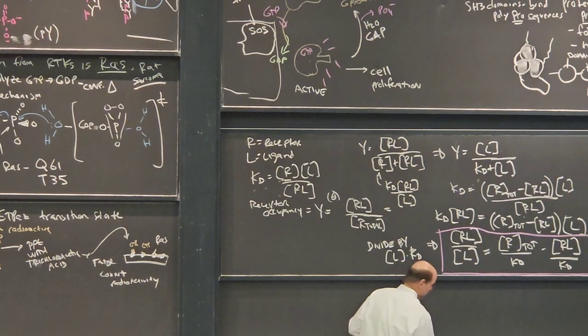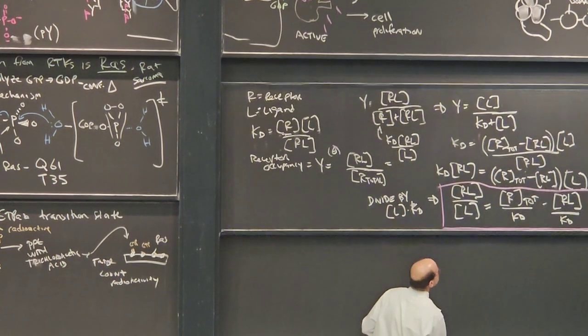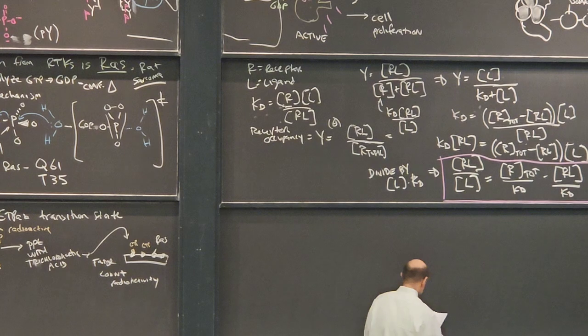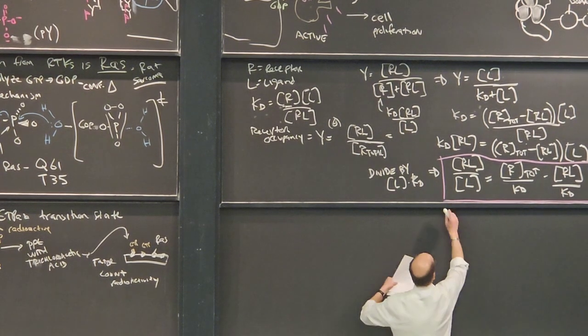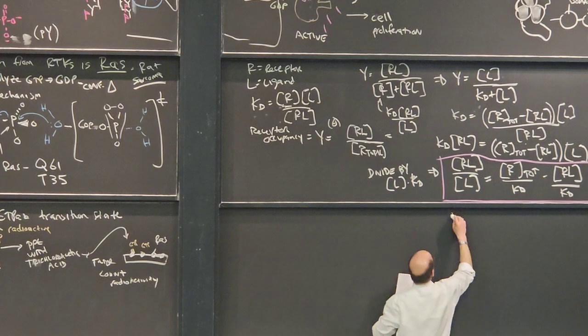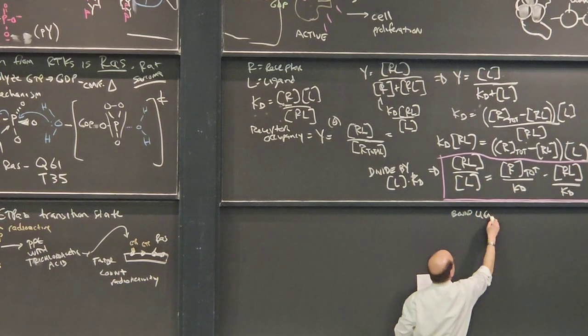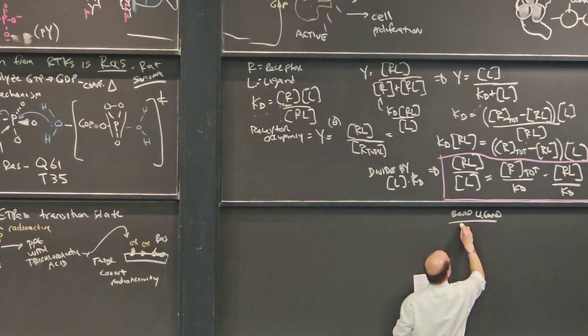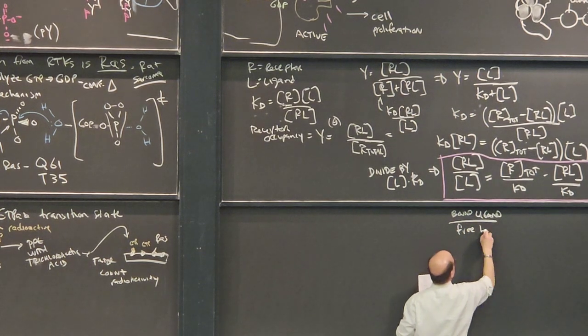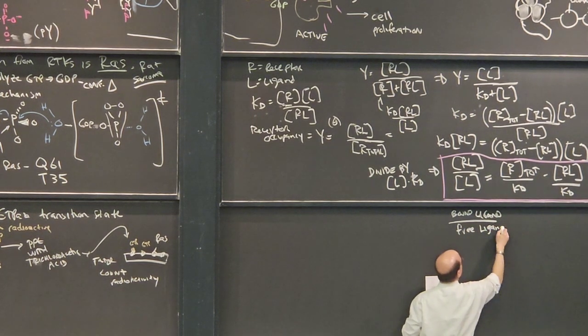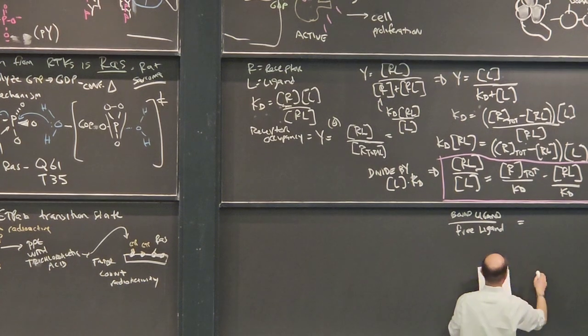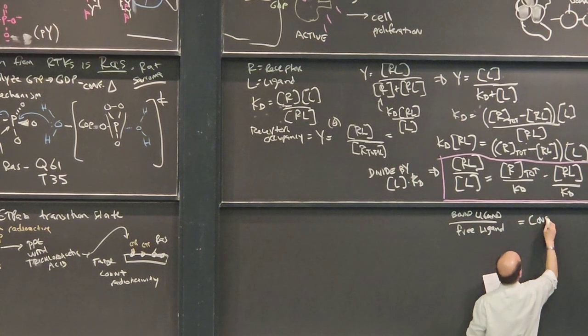Let's think for a minute about what that equation tells us. What that equation tells us is that this term here, the bound ligand over free ligand, is equal to some constant.